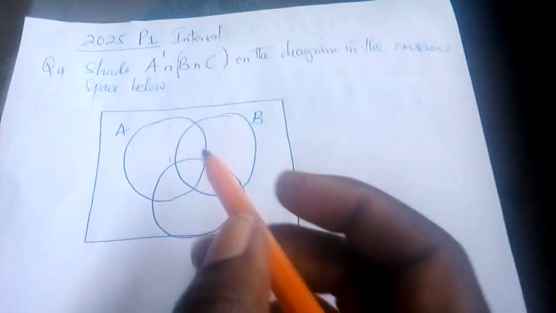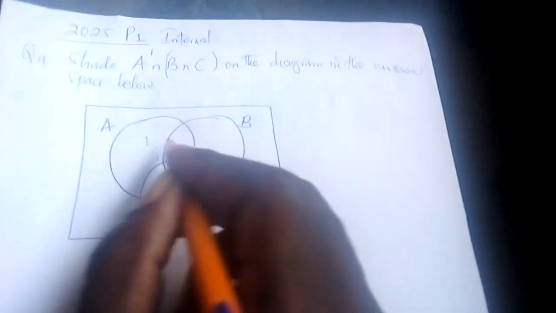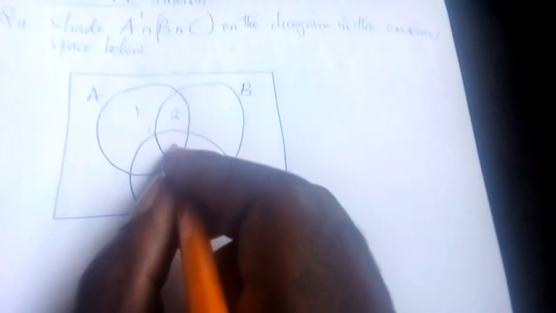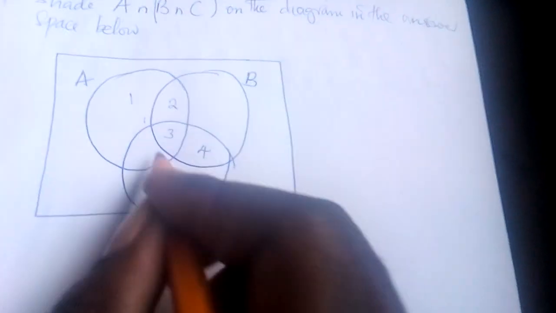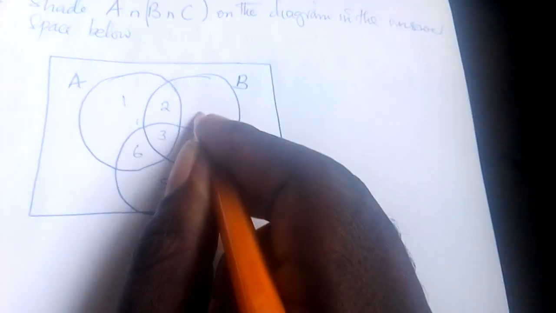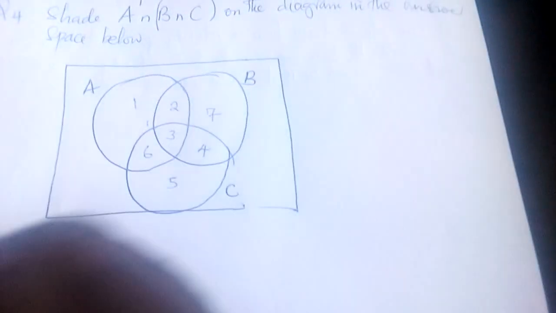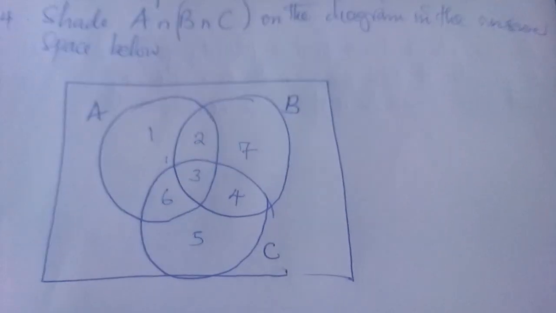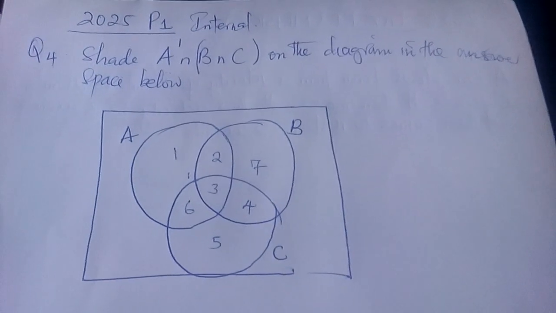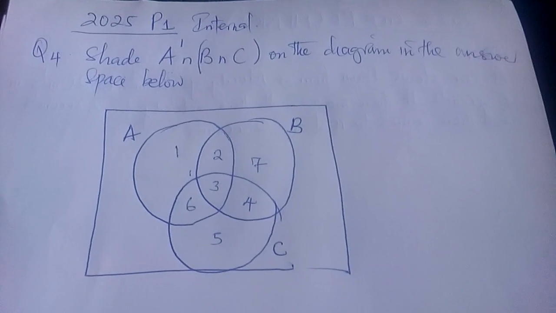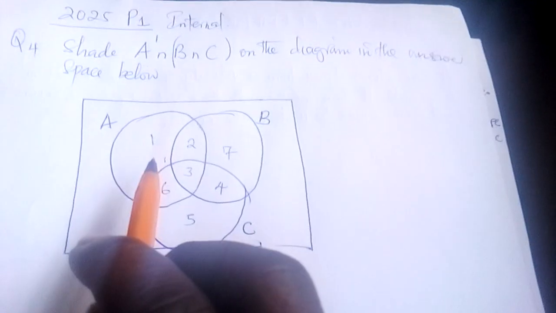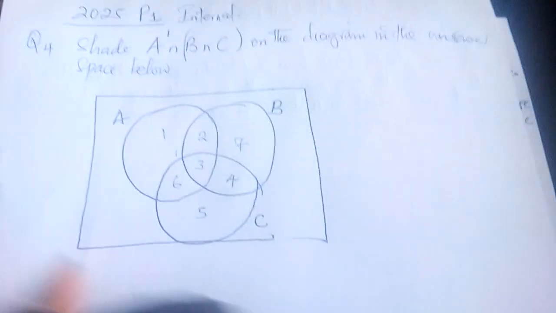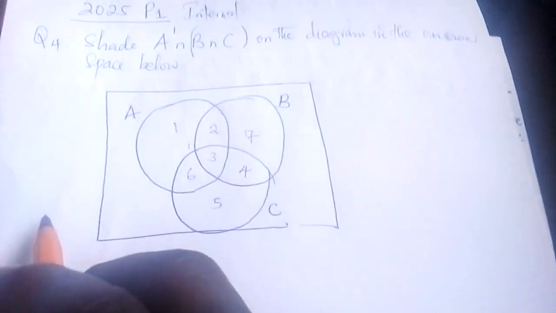So I'm going to put 1, I'll put 2 here, 3 here, maybe 4 here, 5 here, 6 here, and 7 there. These numbers, I've just put them randomly. I can do this randomly, just like that.